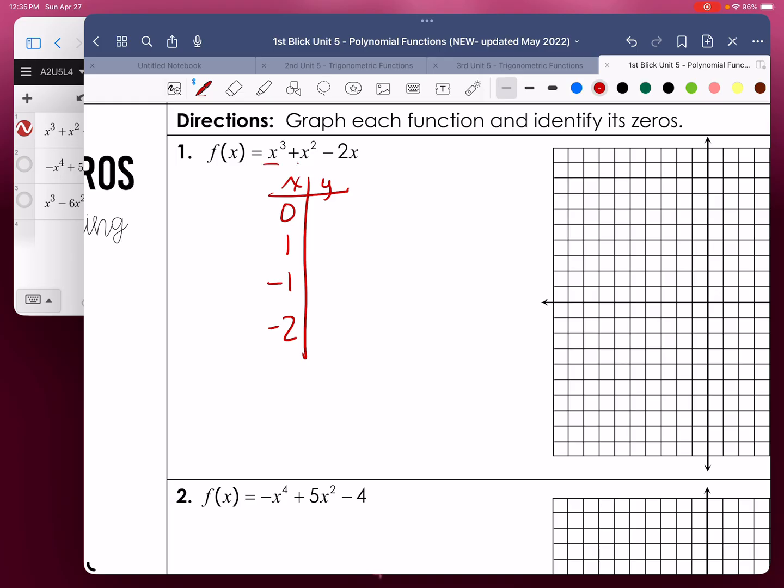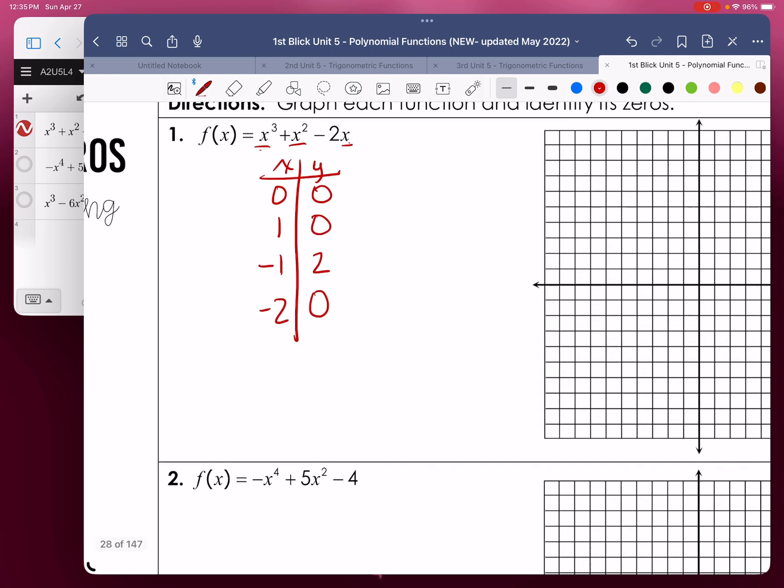When you fill these numbers in for all three x's, if you plug in 0 for all three, you get a 0. If you plug in 1 for all three of them, you get another 0. If you plug in -1 for all three of these, you get a +2. And if you plug in -2 for each one of these, you get another 0.